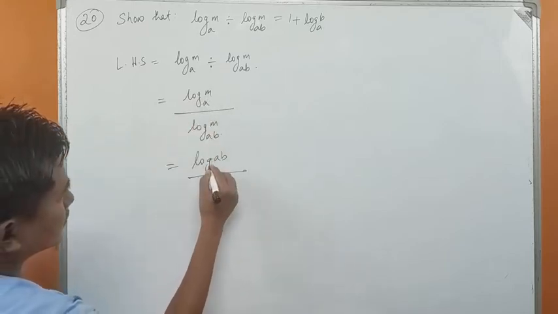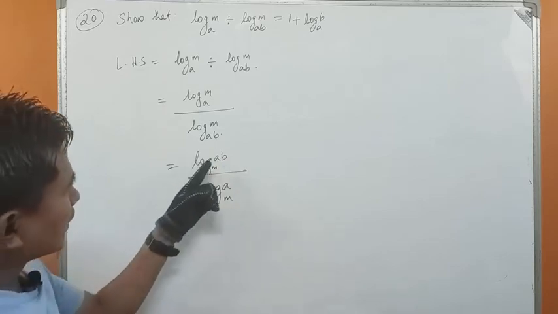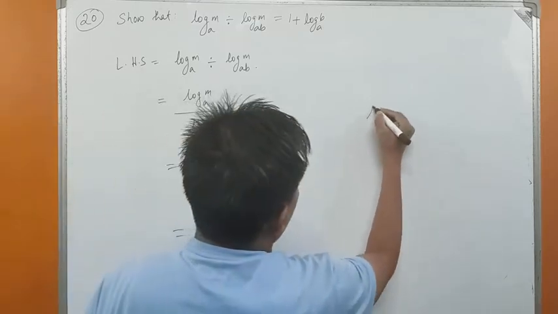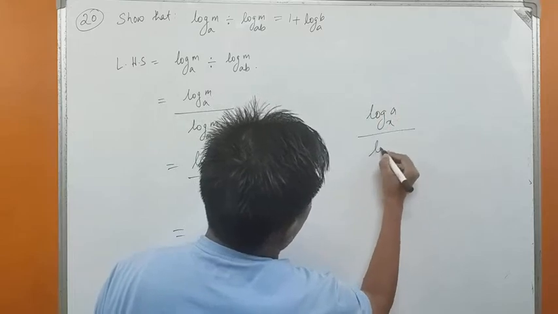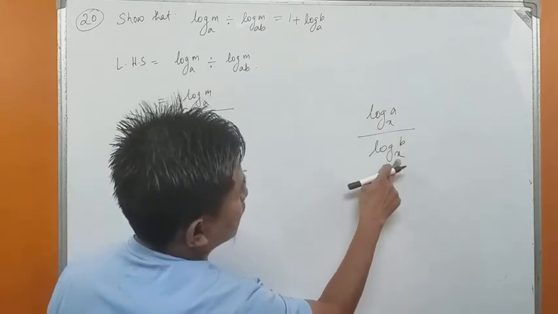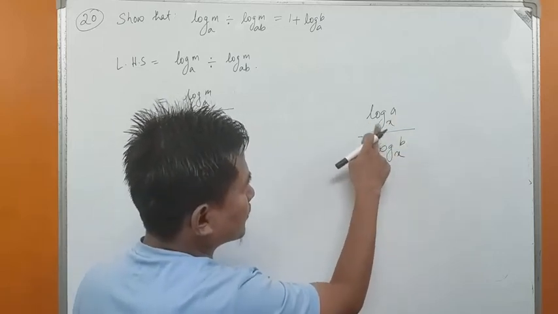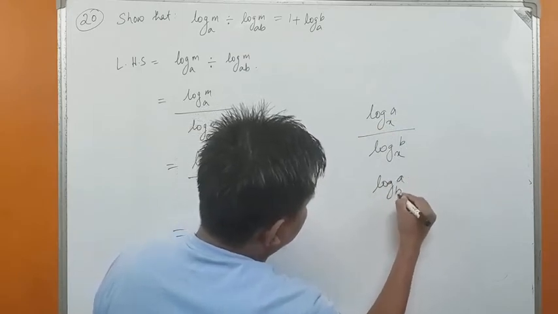Now log ab to the base m upon log a to the base m, isn't it? So if we have log a to the base x upon log b to the base x, where the bases are the same, then we can write this as log a to the base b.